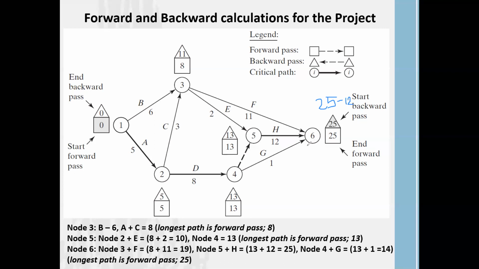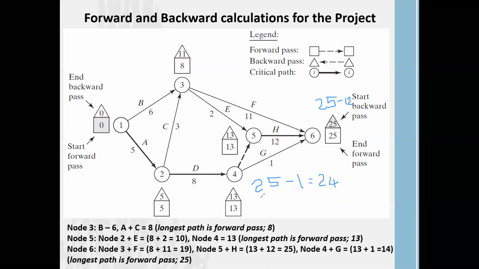Now look at this one. This is 25. Activity G only consumes 1 week. If we do the same here, the task 4 backward pass should be 25 minus 1, which is 24.